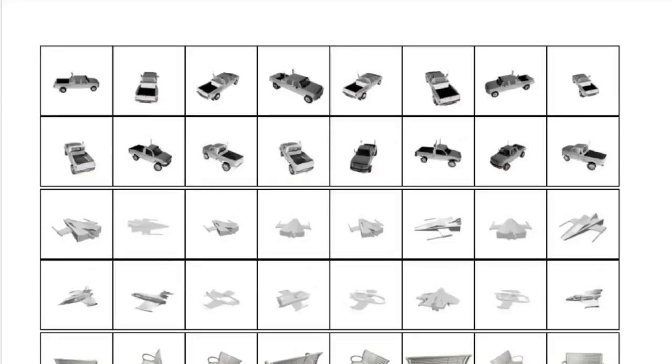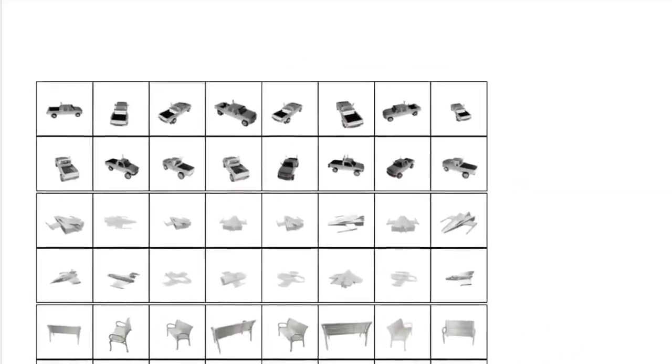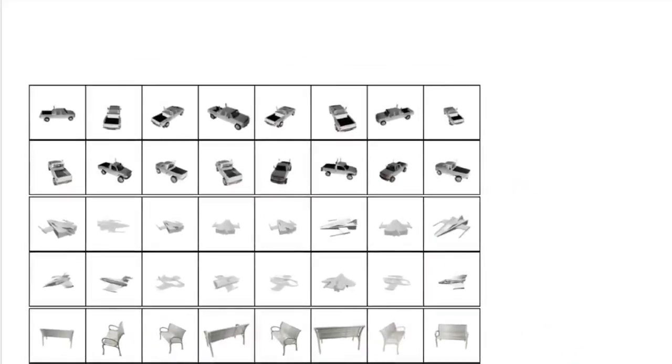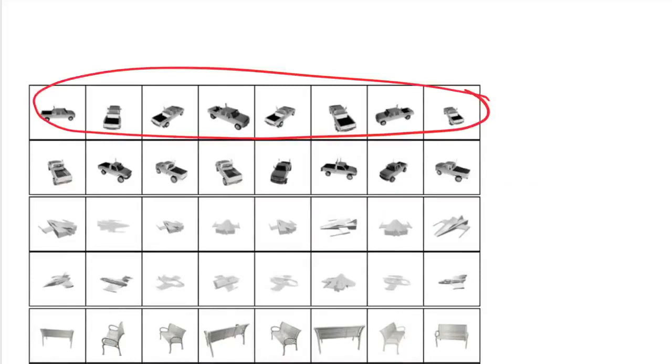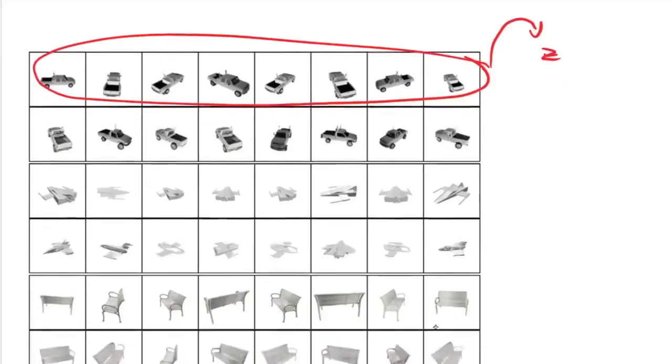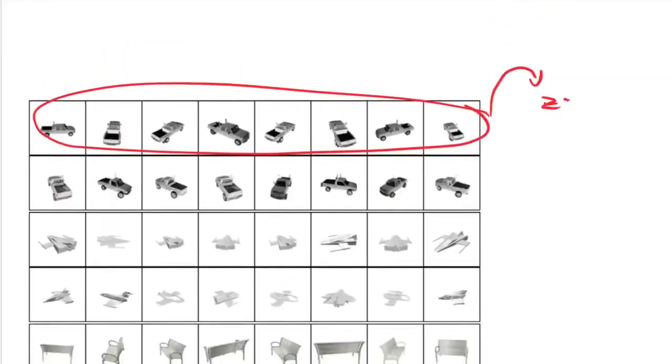So what you want to do in this problem setting is build a model that can take this set right here from the data set, and encode it into a latent description that we call Z. Z simply describes the set as a whole. So Z here would be truck, right?